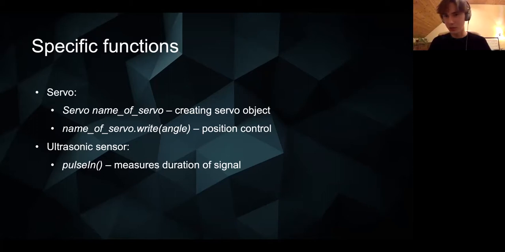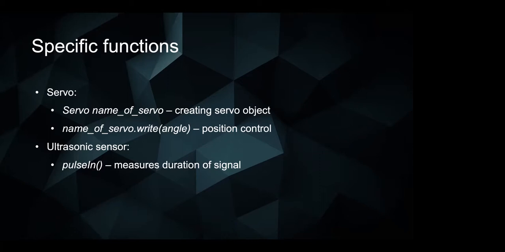For example, the servo which was specified in our kits has a spread of 180, but other servos can have a spread of 360 and so on. It basically depends on the servo, but the majority of servos usually have a spread between 0 and 180. Okay, thank you. You're welcome.